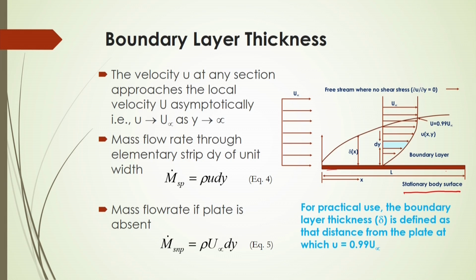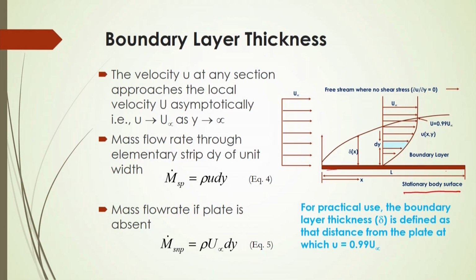Here u infinity is called the free stream velocity, and u is the velocity at any length x, and at x, y there will also be a velocity v. If the plate is absent, then the amount of mass flowing through this strip of small thickness dy will be equal to m dot, that is rho u infinity dy, which is shown in equation number 5.